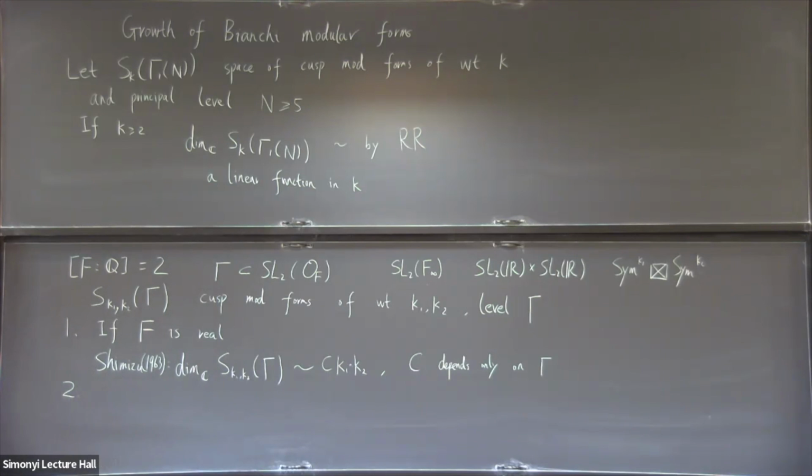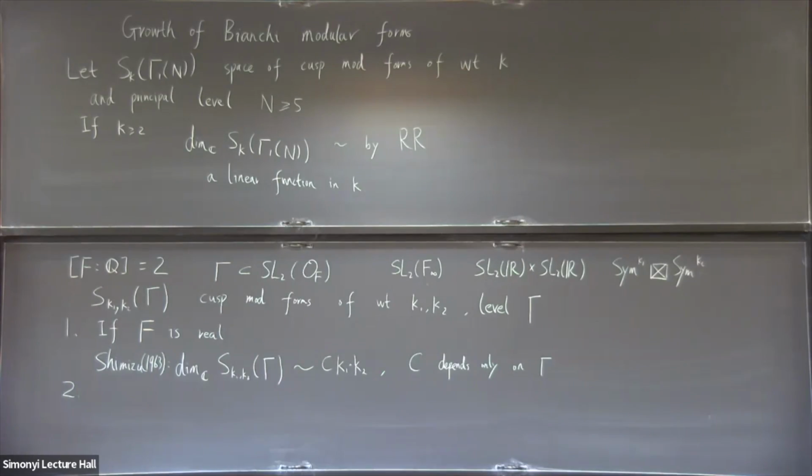These cusp forms are defined on SL2(R) cross SL2(R)? Yes, there are two copies of the upper half plane, with weight k1 and k2 in each coordinate. That's the easy case. In SL2(C), he'll explain what this is. His main talk is about SL2(C).